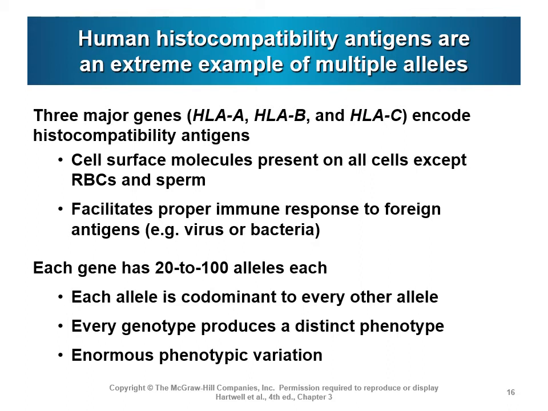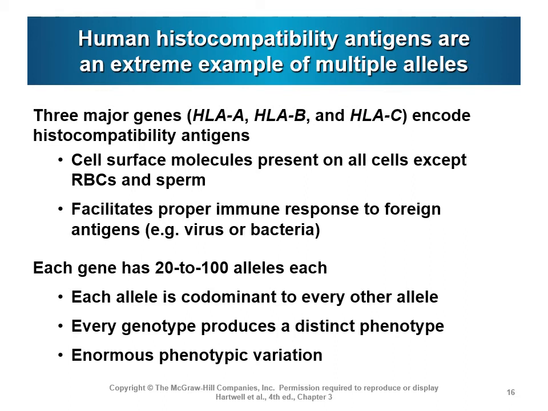Histocompatibility is a protein complex, the role of which is in differentiation between proteins that belong to the organism versus proteins that are of foreign origin, such as bacteria and viruses that need to be dealt with.